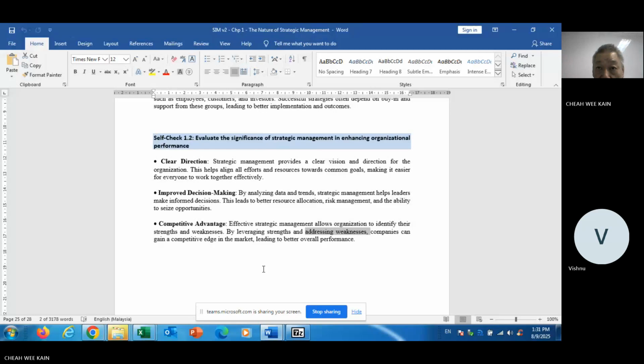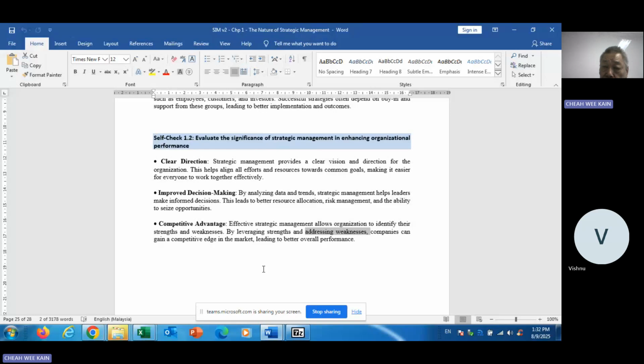And sometimes you may have a weakness. There's no such thing as no weakness in a company. So you try to improve on your weakness. Take advantage of your strength first, or try to reduce your weakness first?